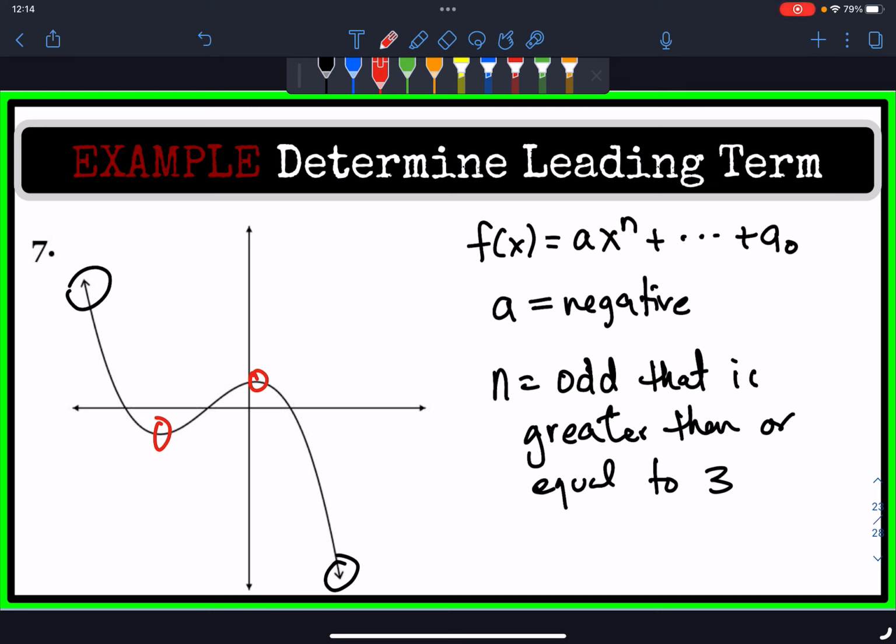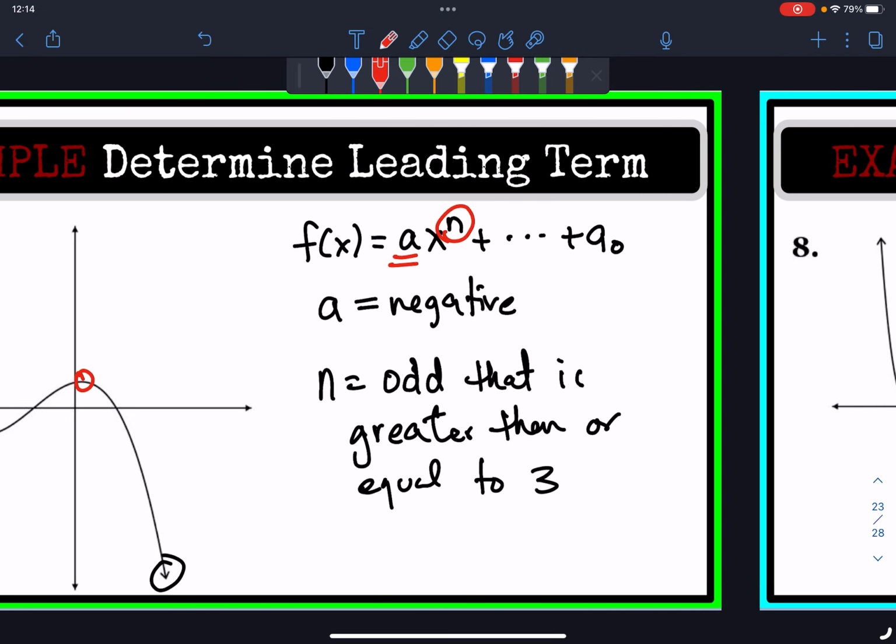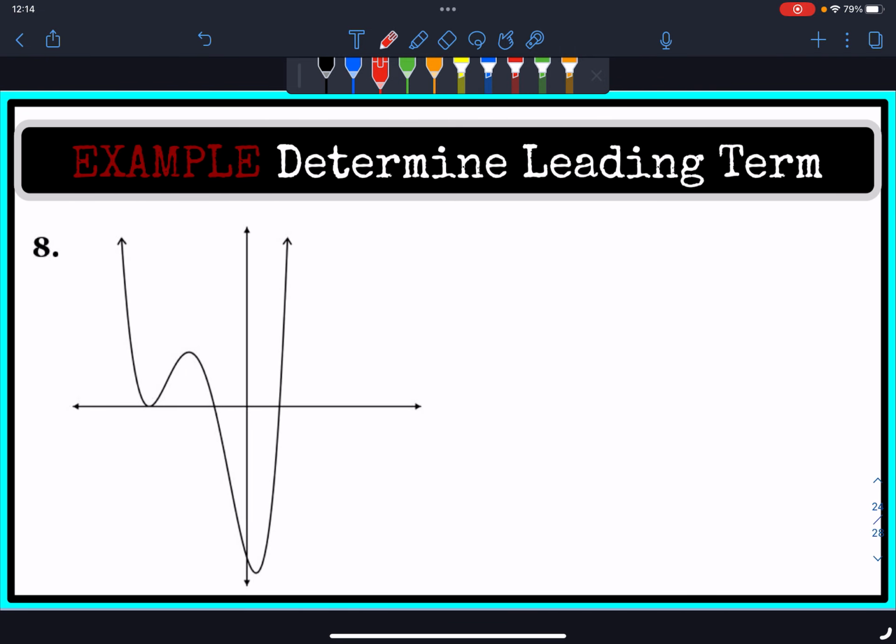So that's what this exponent up here has to be. It has to be 3, 5, 7, and this leading term right there has to be a negative number. Let's try the last one again by yourself. So pause the video, determine again all the same information, and come back and check your work.